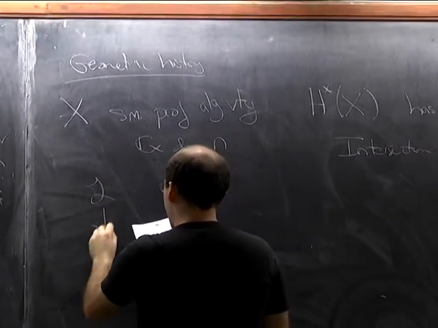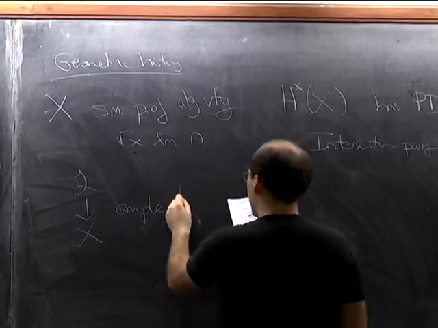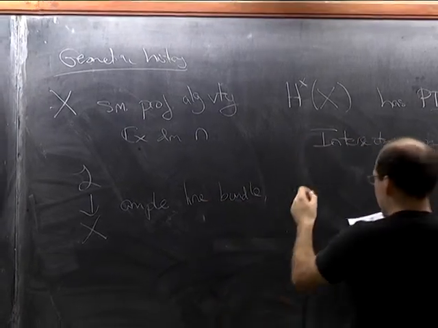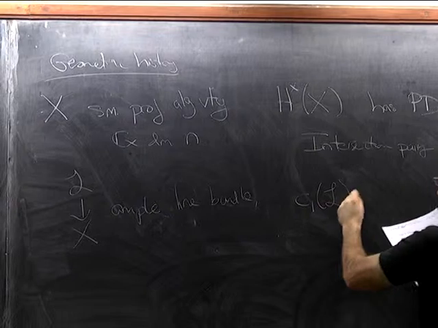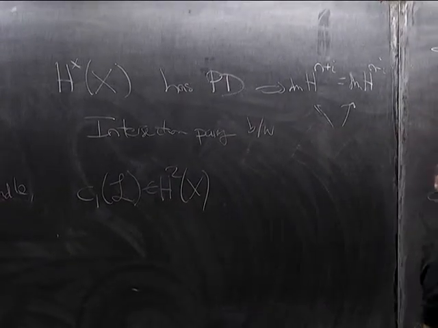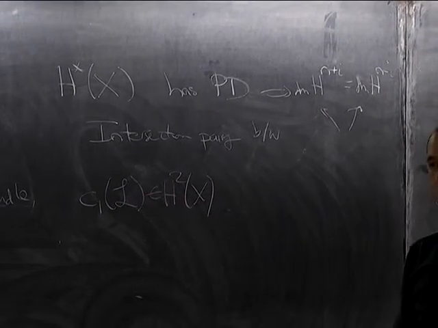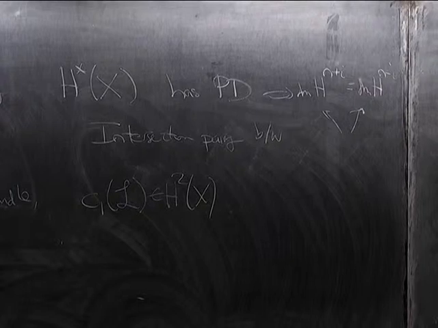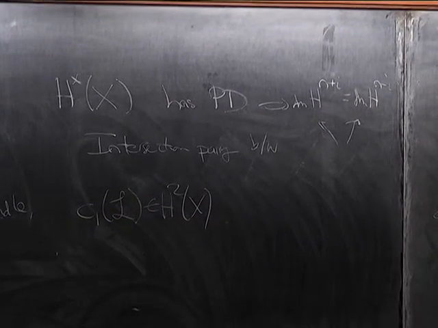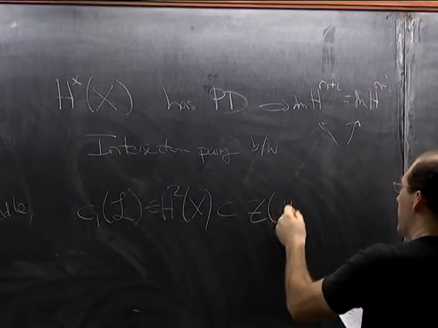So you have an ample line bundle, and you have its first Chern class living in H^2. Now, 2 is an even number, so this first Chern class is in the center of the ring. And so multiplication by it gives you a Lefschetz operator. This is in the center of the cohomology ring.